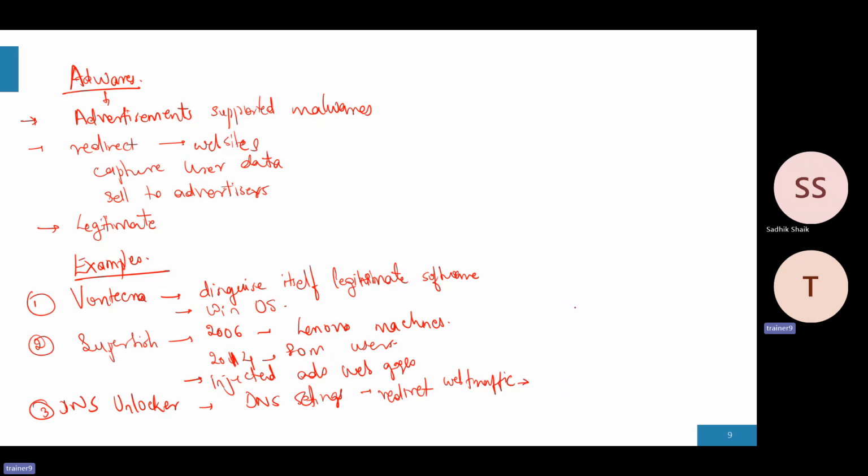It spread through bundled software downloads, and it was becoming difficult to delete also, right? So DNS Unlocker was one example which started impacting a lot of systems by changing the DNS settings.